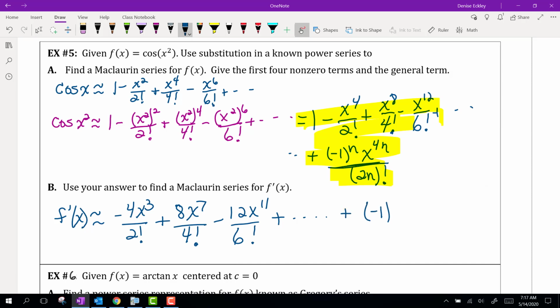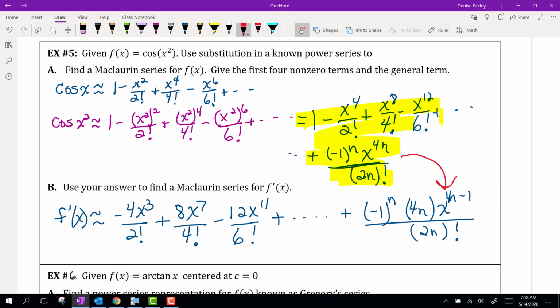It's still alternating, so I have -1 to the n, and now I have 4n times x to the 4n minus 1 all over 2n factorial, just using the power rule on my general term here.